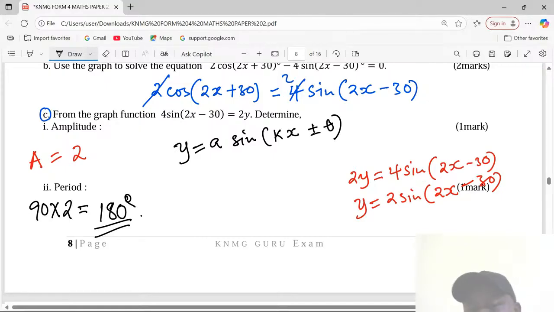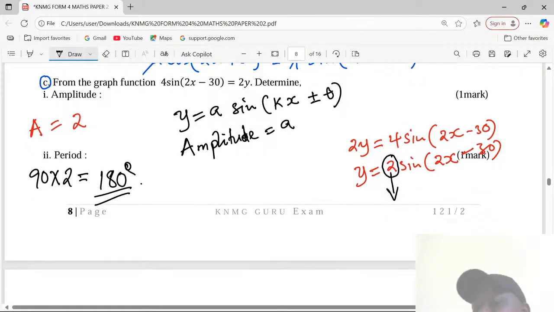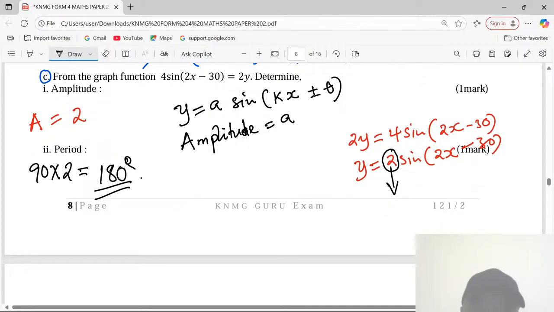This function is being plotted or being provided. Then you have to state amplitude. Amplitude should be the value of A. And that is why, even after going to the graph, we found that the amplitude is 2, just as it appears at that position in the function. Even without plotting, we would have identified amplitude.